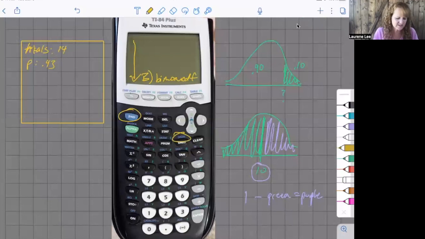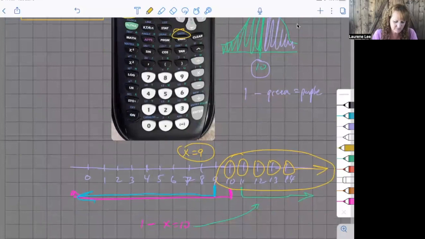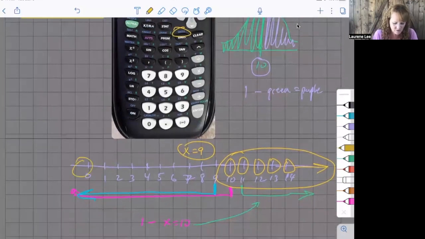And your X value is what are we counting, what are we including, or what are we subtracting off, depending on if you're left or right tail. So in this situation, I want X is 9. When I do that, it's giving me the value of 0 all the way through 9.